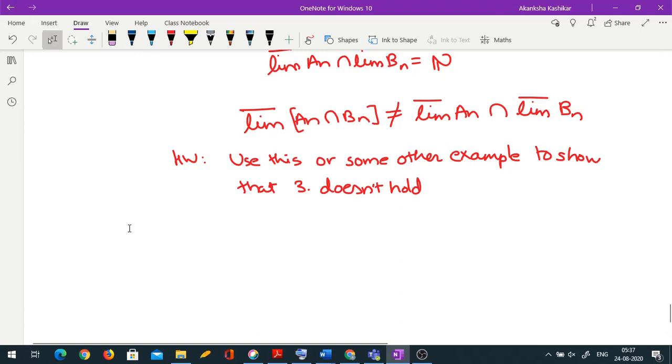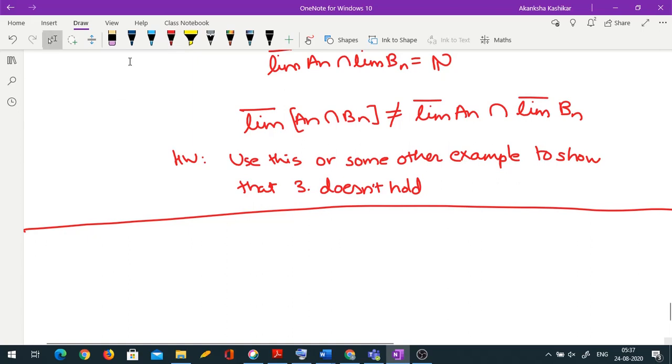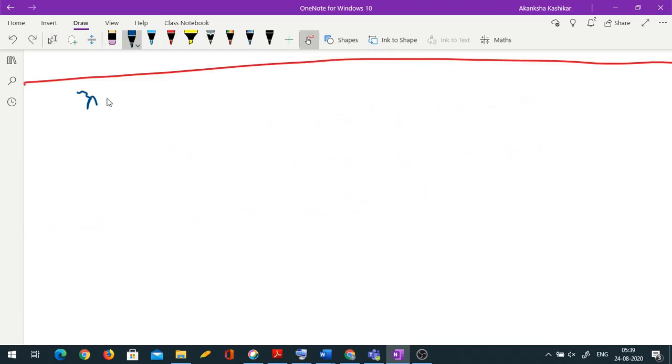So we have proved some properties of lim sup and lim inf. Now we have to do a couple more things. So if someone now tells me that an converges to a and bn converges to b, from this can I conclude something about an union bn or an intersection bn?